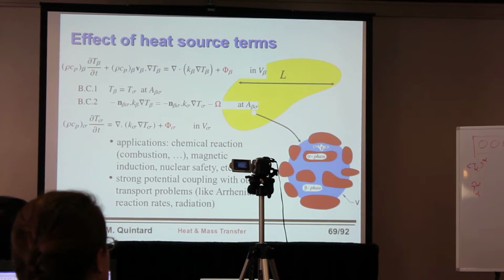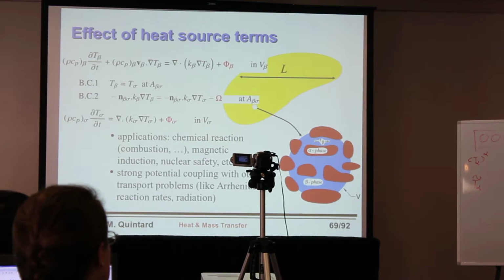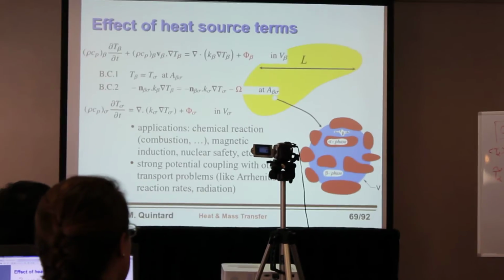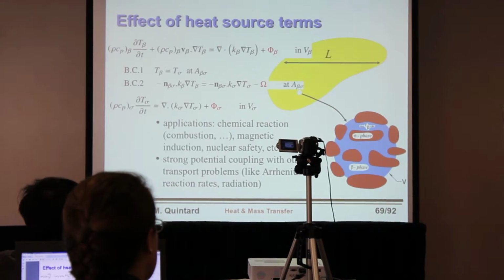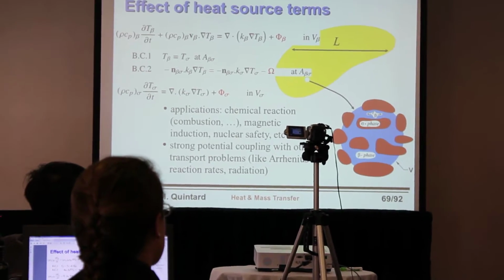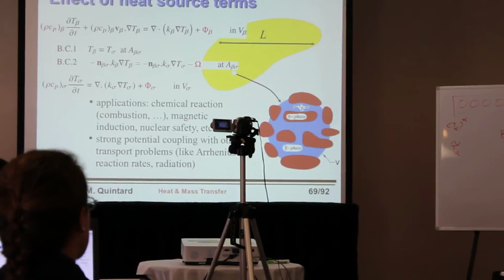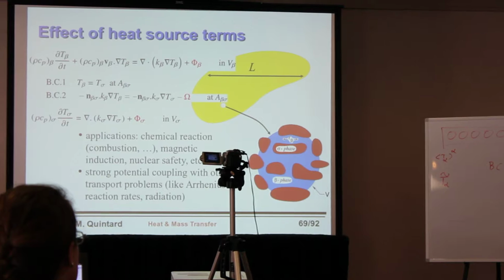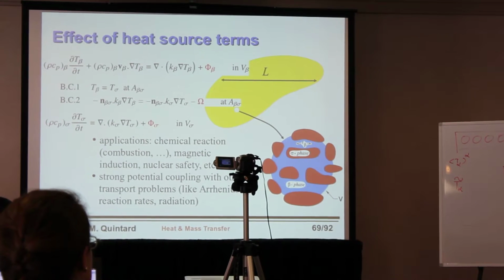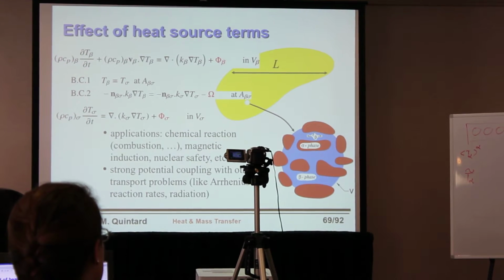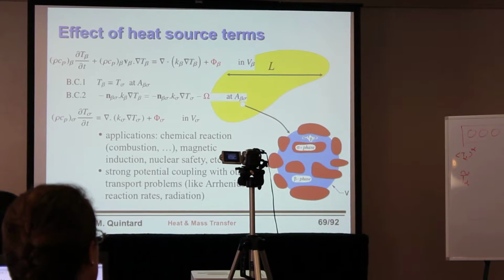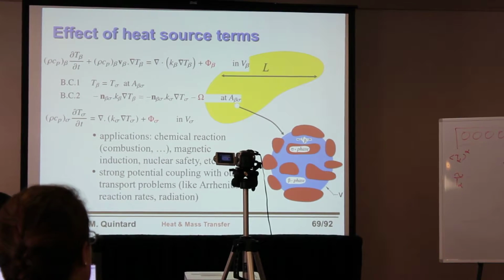You have heat generated in the solid phase in the framework of a nuclear accident. So you have a huge source in the solid phase. The temperature will rise, and eventually you will have boiling, fusion of the solid phase, and so forth. So you need to understand that.